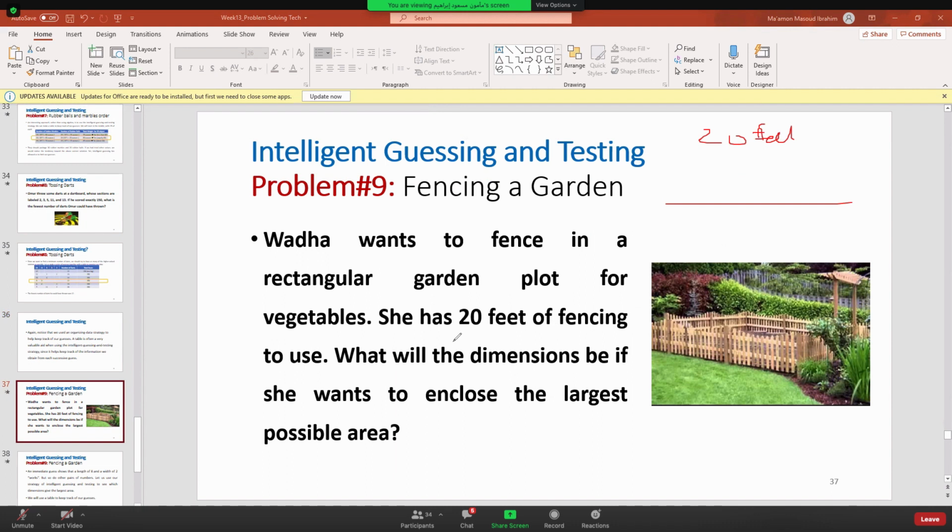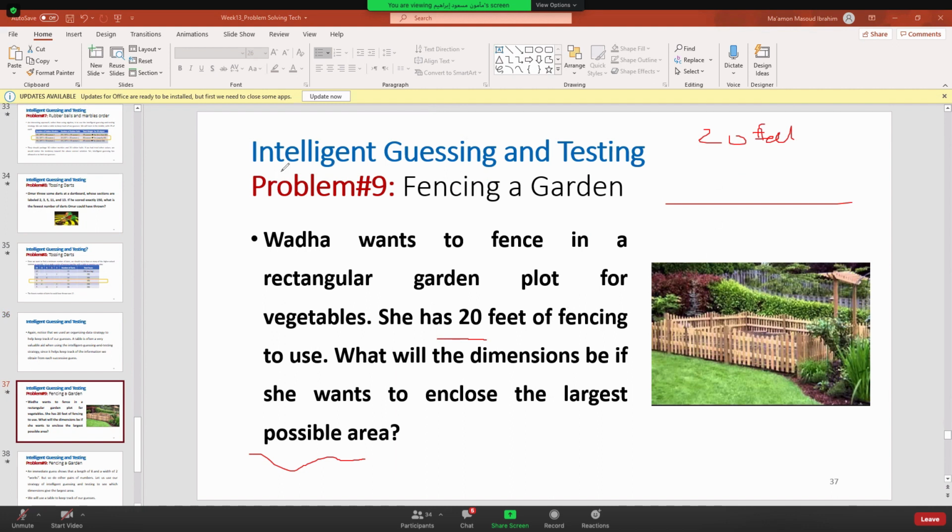So what will the dimensions be if she wants to enclose the largest possible area? Using this fence, she wants the largest area. So now the only input that we have is that she has 20 feet.